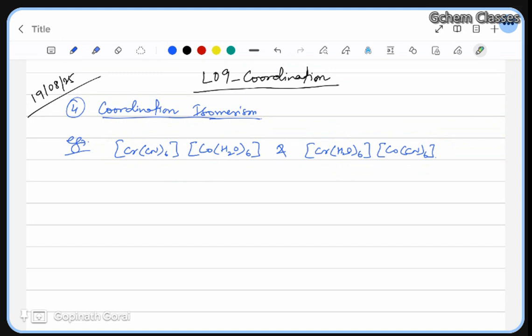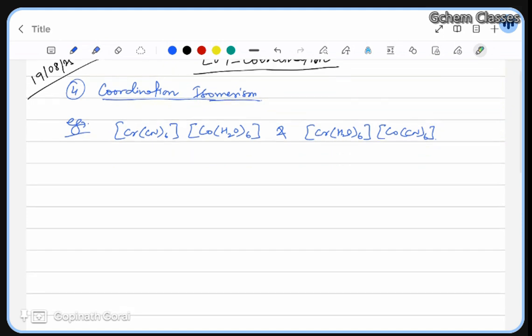Understood, right? Now, likewise, we will have another example also, so it will be easy for you. If you have copper NH3 4 times, and then platinum Cl4, right? And you will have copper Cl4, and then platinum NH3 4 times.